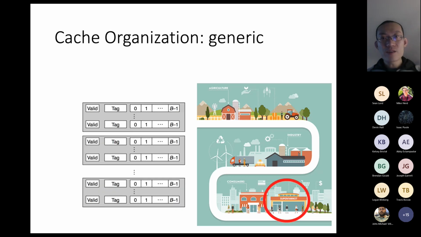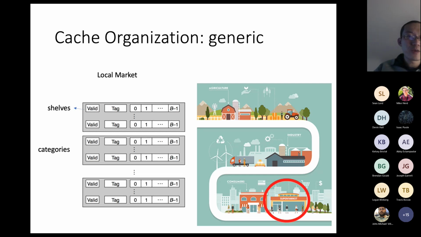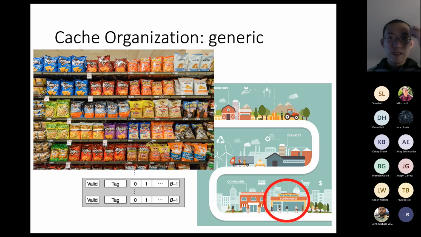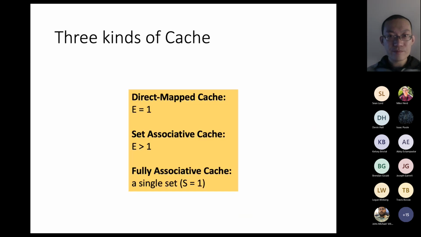And the layout of the cache is quite similar to the supermarket. We have categories; in the cache, it is a set. In the supermarket, we have shelves, and in the cache, we have lines. The layout of them is quite similar, so organizing a supermarket is quite similar to organizing a cache.